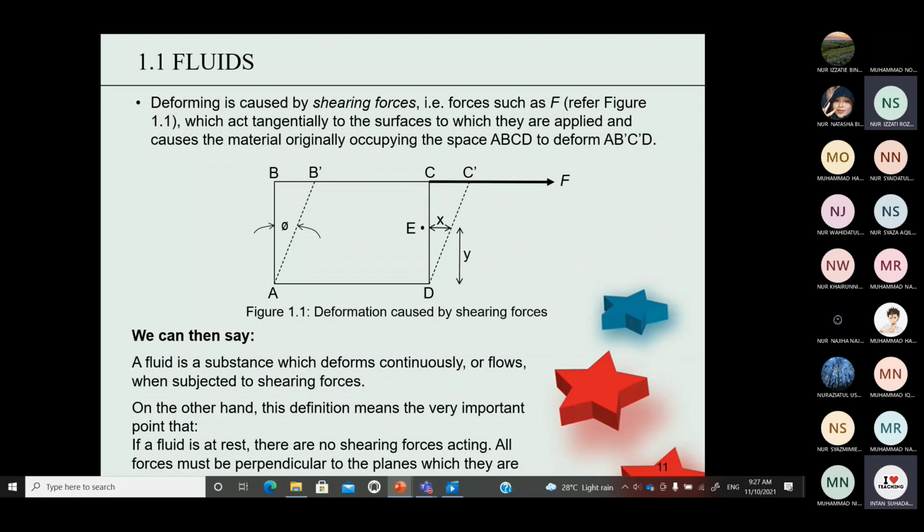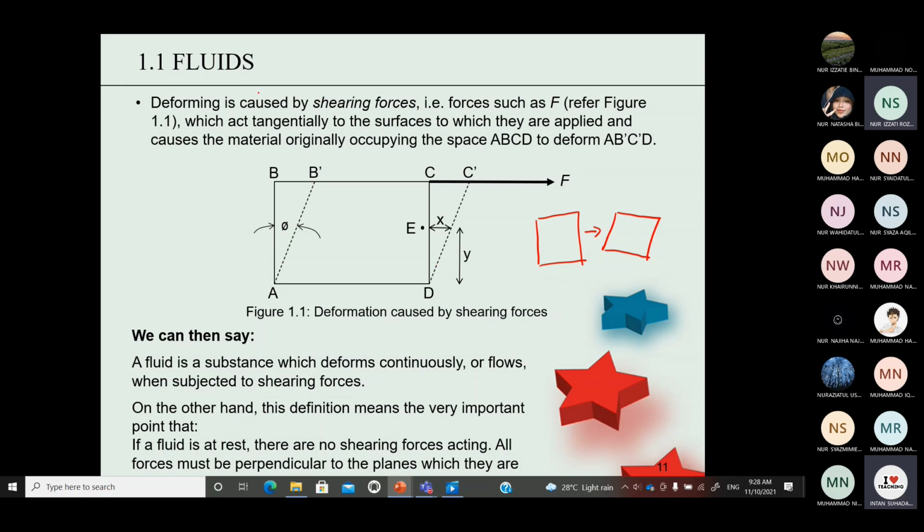Okay. So this one, as I explained before, the deformation from the original shape. Okay, the original shape is like this. So it will deform to this shape. Right? As you can see the deformation, the dotted line.